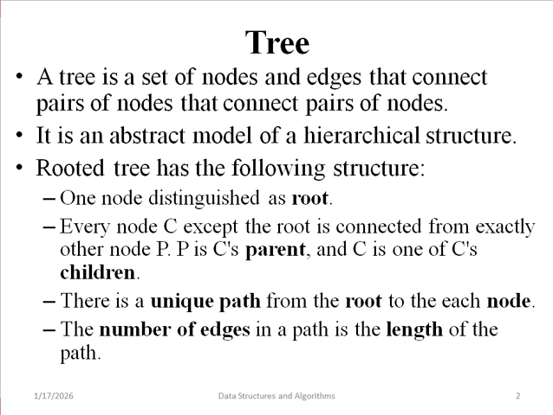The nodes that are connected to that particular node we call the children nodes. There is a unique path from the root to each node, and the number of edges in the path we call the length of the path.